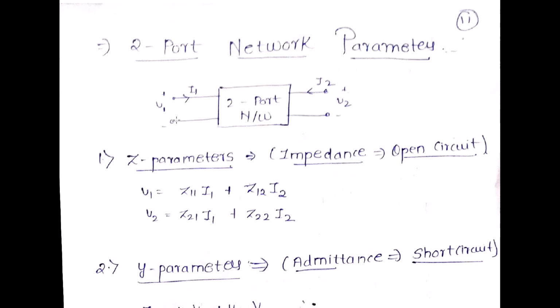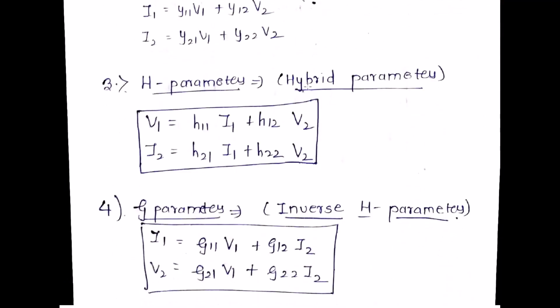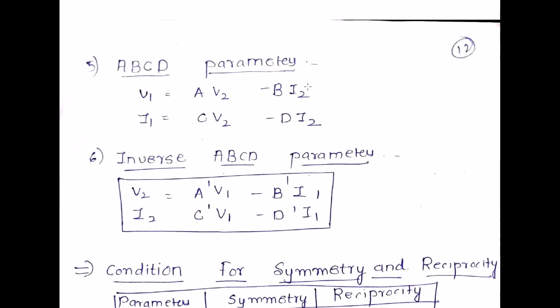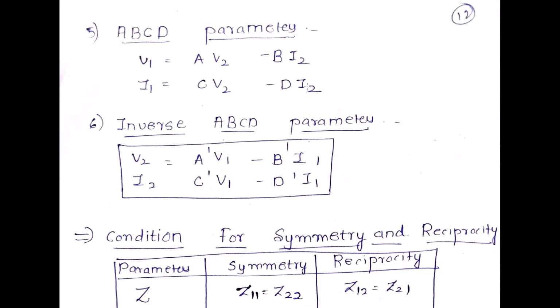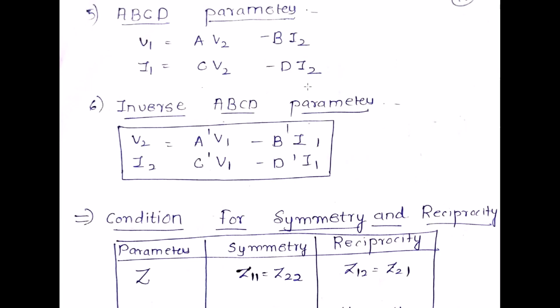If you are very clear with this circuit in which you have the two-port network, what is V1, what is I1, what is V2, what is I2, you can be very clear with these parameters also. The next thing is the ABCD parameters and the inverse ABCD parameters. The ABCD parameters include V1, I1, V2 and I2. Similarly, the inverse ABCD parameters include V2, I2, and you have A dash, B dash, C dash and D dash.